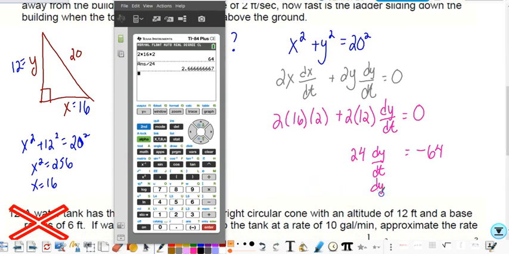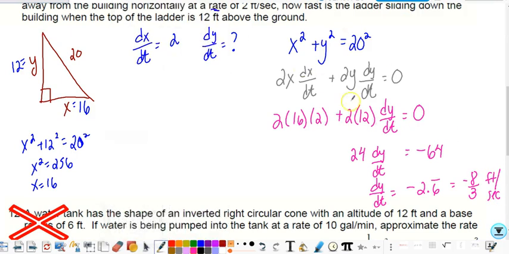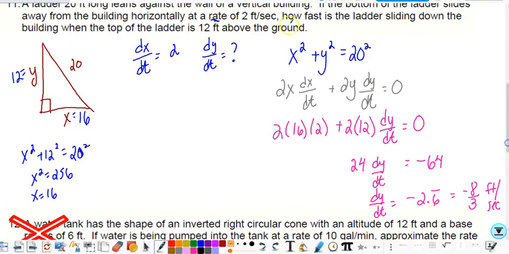So dy/dt is negative 2.6 repeating, which as a fraction is negative 8/3 feet per second. Don't forget your labels. Here's that rate for this problem, feet per second.